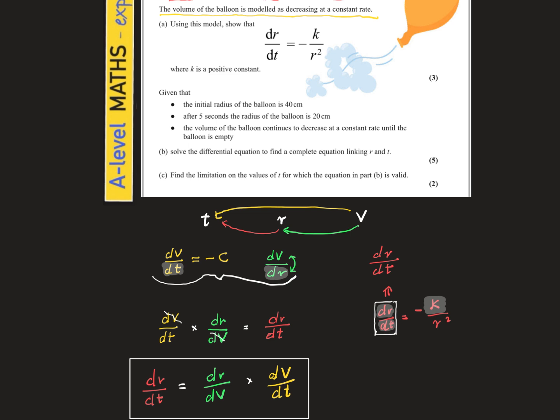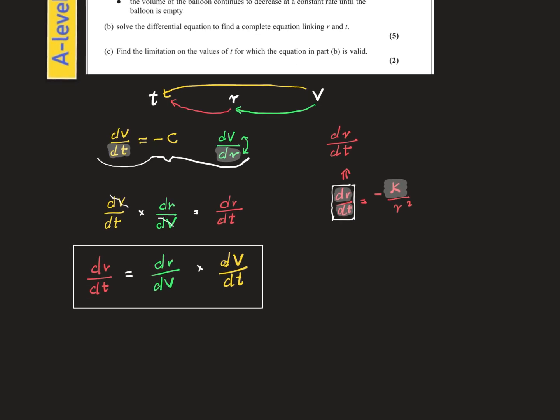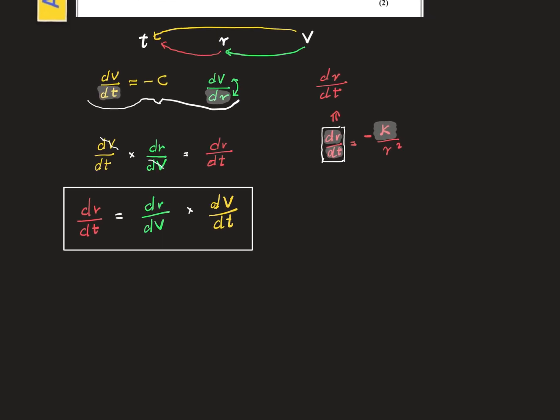Okay, now what about the next expression where we've got a change of volume over the change of radius? Let's go and make ourselves a special room for this, and I'm going to draw it here. All right, so what is volume?